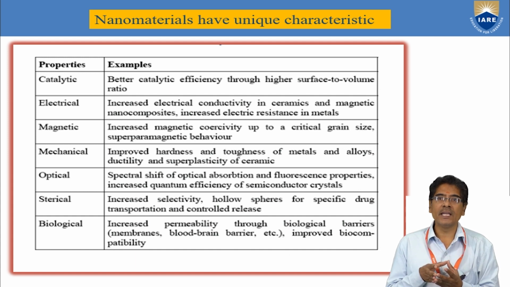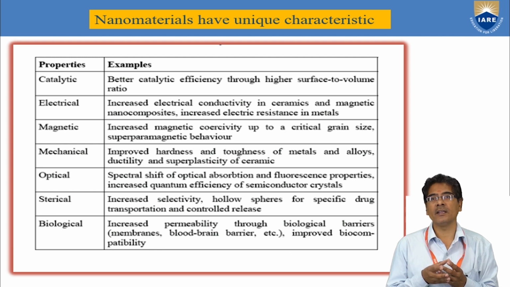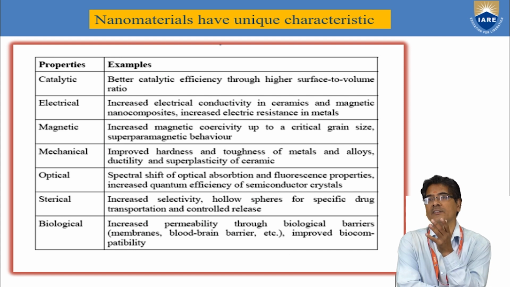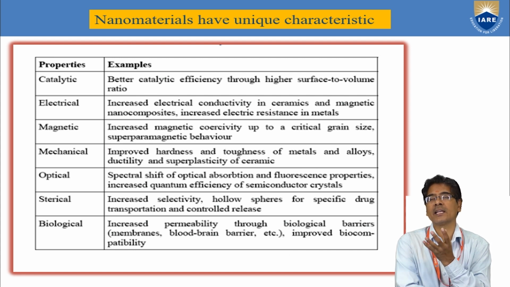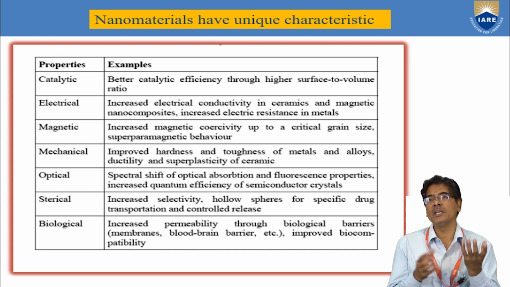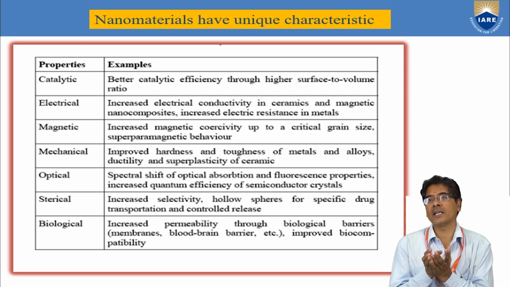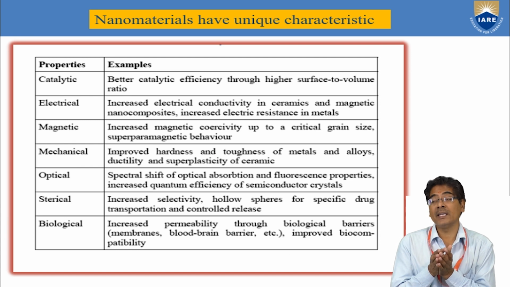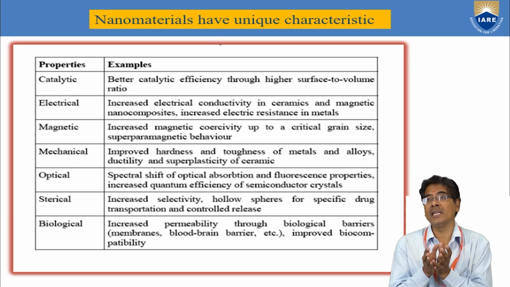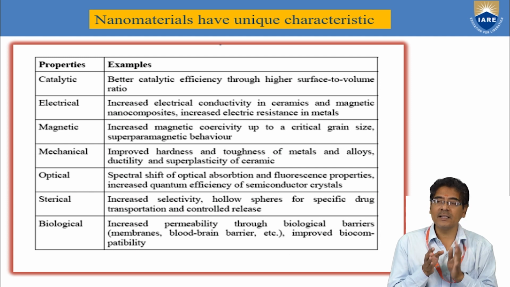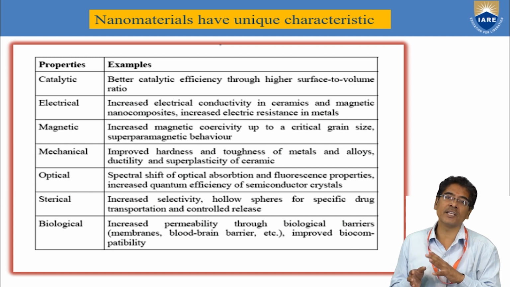That means electrical conductivity in ceramics can be increased, and for magnetic nanocomposites, we have a combination of different compositions of magnetic materials. And not only that, the electrical resistance in metals can also be increased.